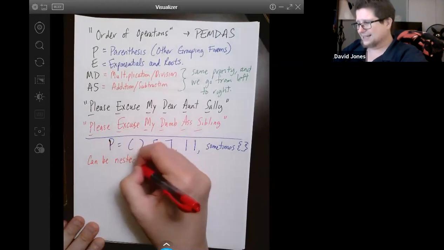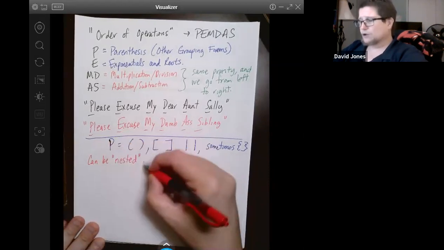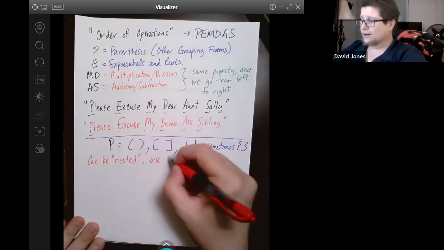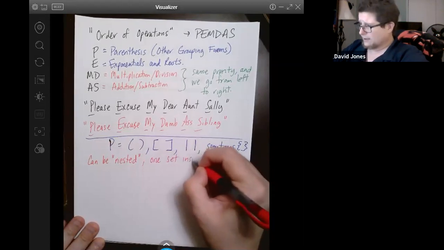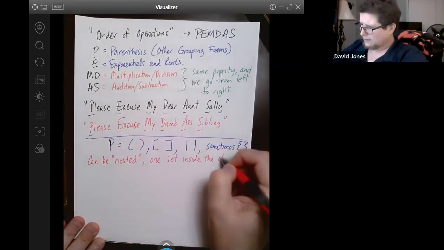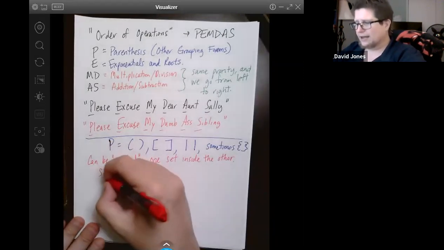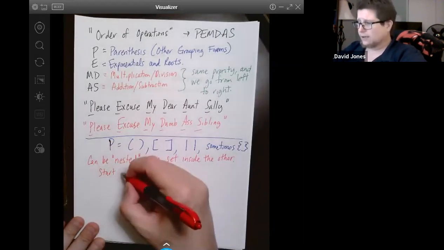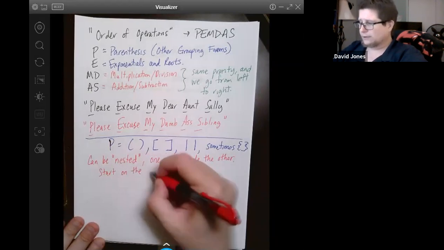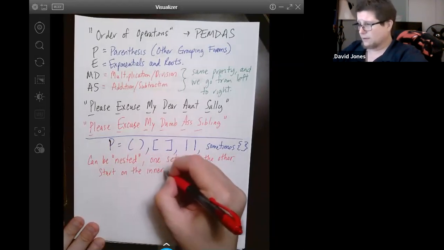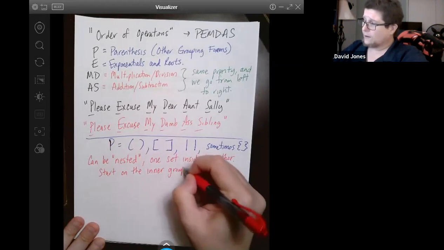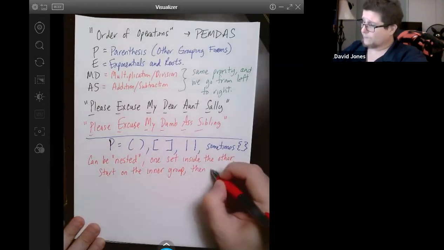They say nested, which means one set inside the other. And when we have that, we start on the inside and work outwards. Start on the inner group. Then work outward.